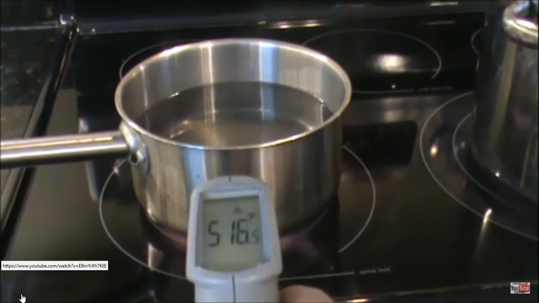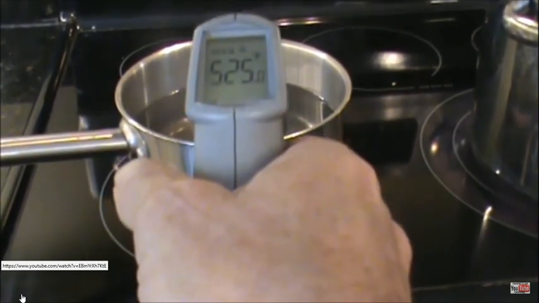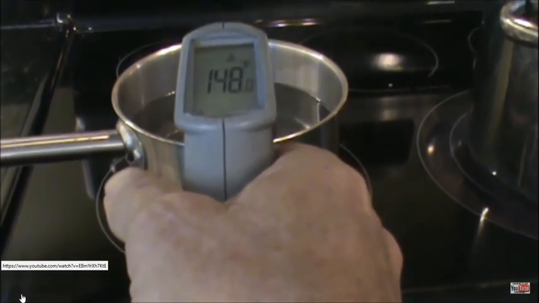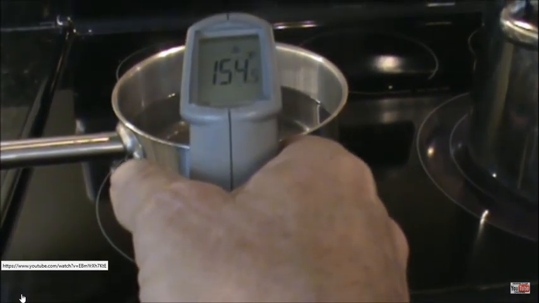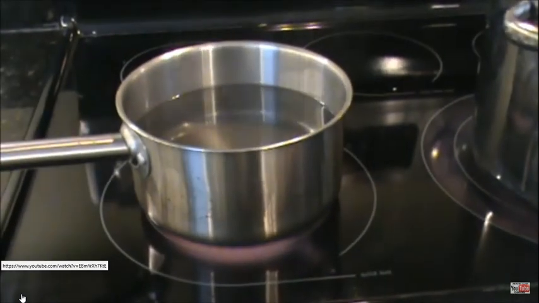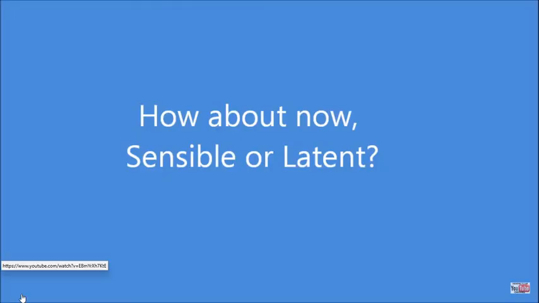As long as the heat of the water keeps rising, it is sensible heat. It's at 148, 152, 154, 156. That is sensible heat because it's changing.